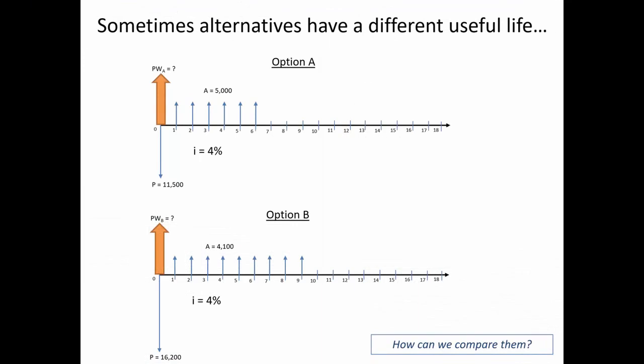And the problem that we discussed previously was we can't compare two alternatives that have a different useful life. And so does anybody remember what we did last time to make it so that both of these options did have the same useful life?